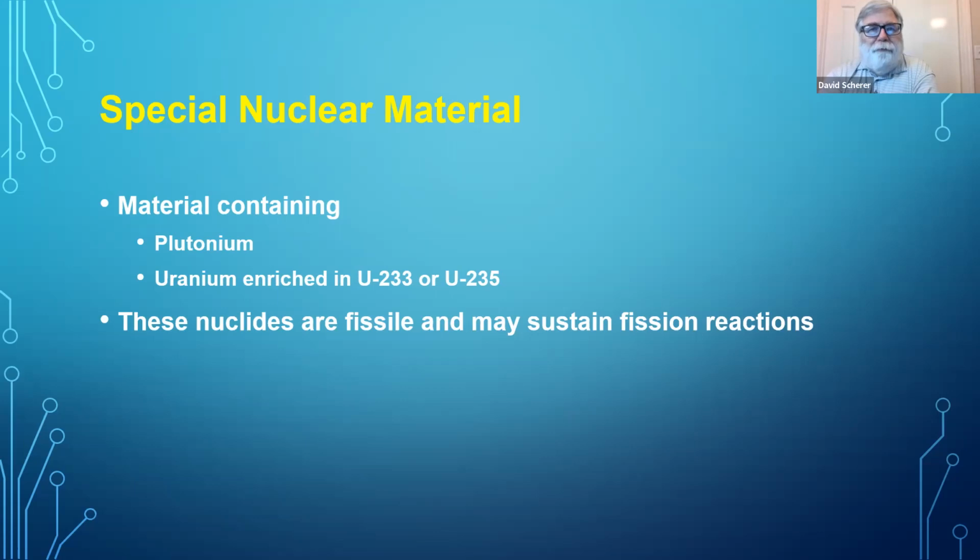U-235 is a small fraction, 0.7% of natural uranium, but there is a small amount. I will mention that uranium-238 has a half-life of 4.5 billion years, about the age of the Earth. Uranium-235 has a half-life that's somewhat less.